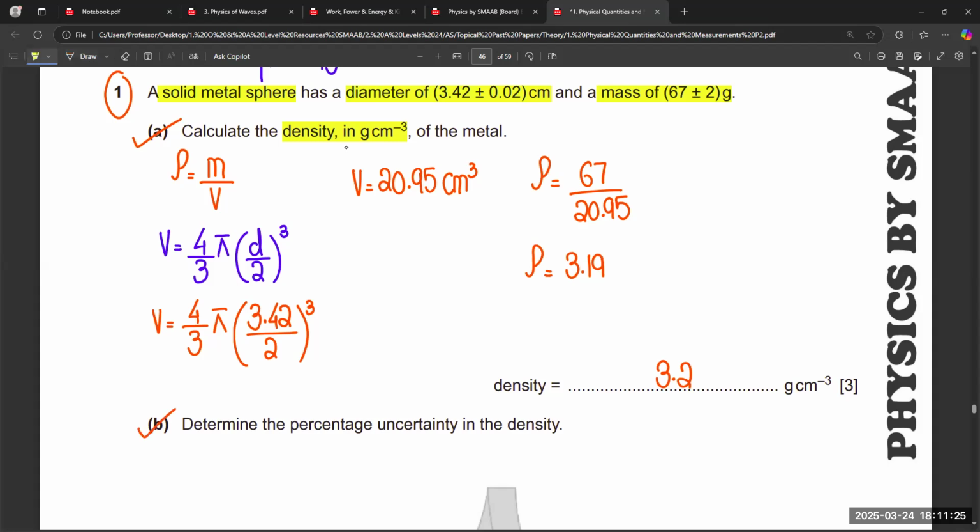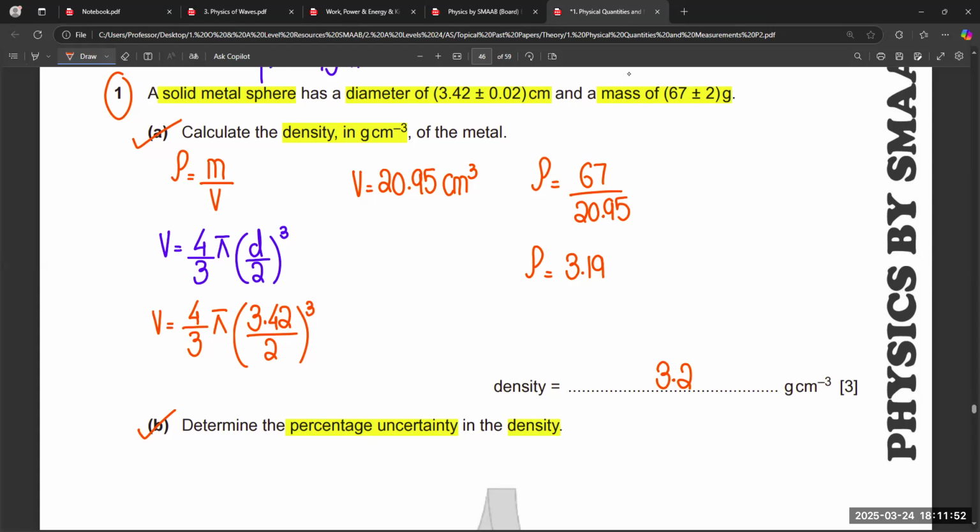In part B, determine the percentage uncertainty in the density. To find the percentage uncertainty, we know that uncertainties are already given in the question, and we are using the quantity of density. In the formula of density, mass and volume are in a ratio. It means they are dividing each other, so we are using the division idea.